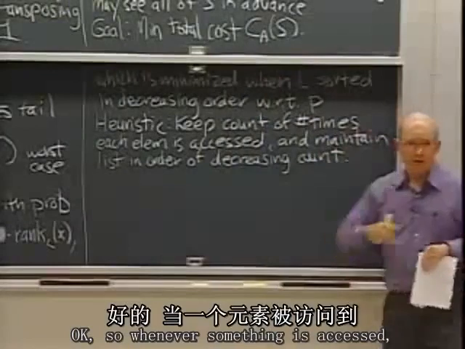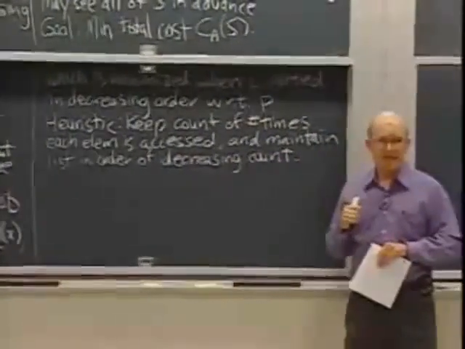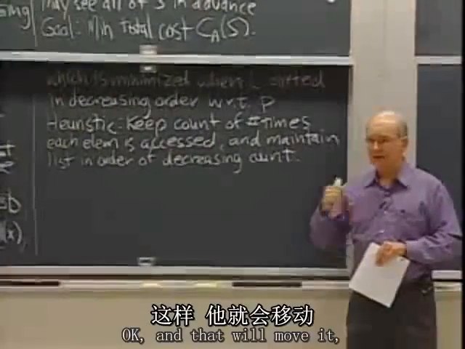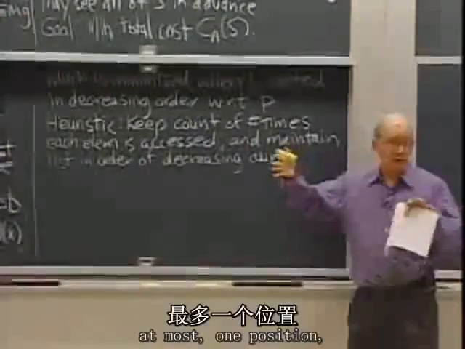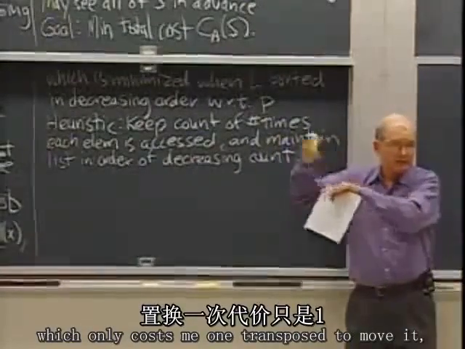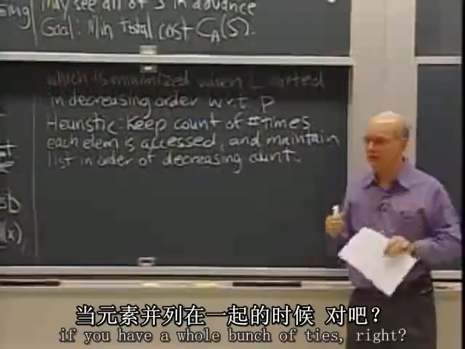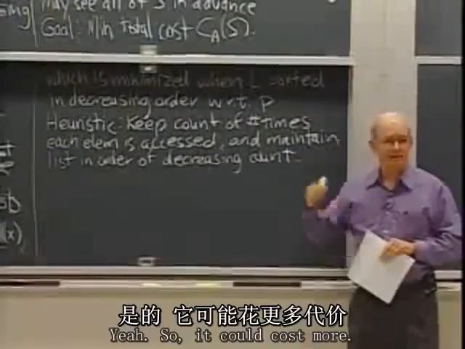So whenever something is accessed, increment its count. That will move it at most one position, which only costs me one transpose to move it forward. Actually, it could be more if you have a whole bunch of ties, so it could cost more.